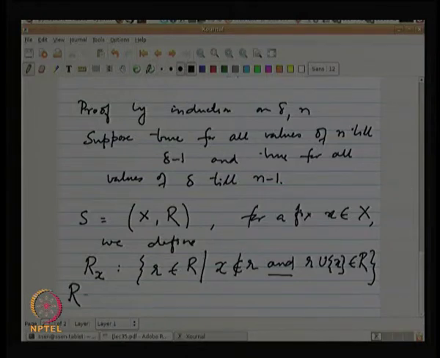So, I am defining two ranges from the original range R. And I am kind of throwing out x from the ranges.